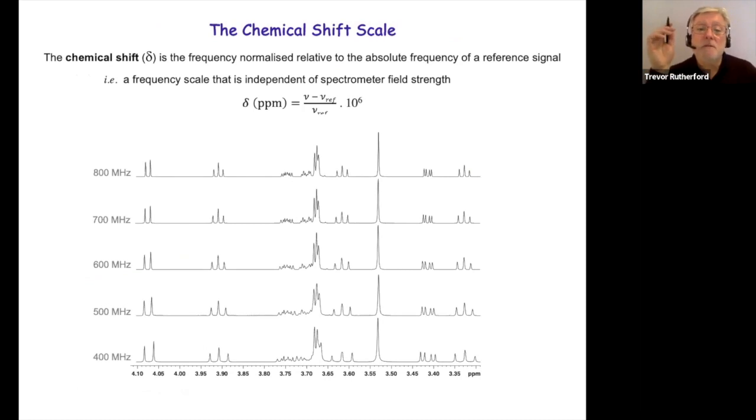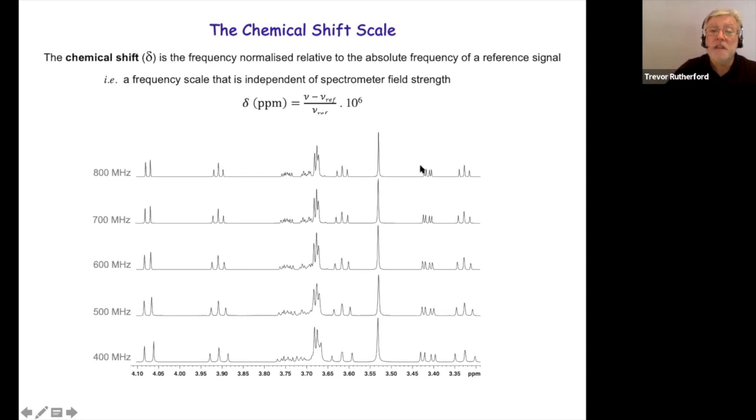It brings us to a very interesting point, though, that if the absolute frequency changes as we change the field strength, then we need a frequency scale that is normalized against the strength of the spectrometer. So this is plotting exactly the same data as we've seen on the previous slide, except we're plotting it as a so-called chemical shift.